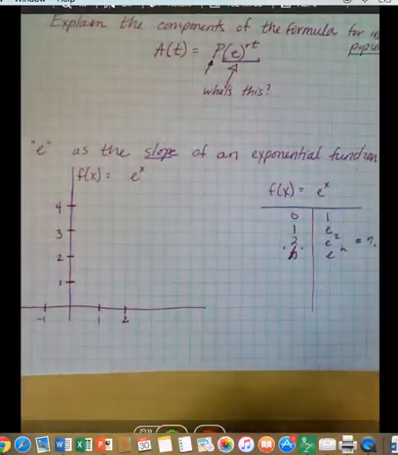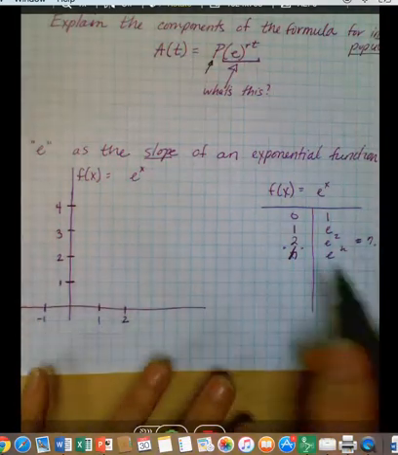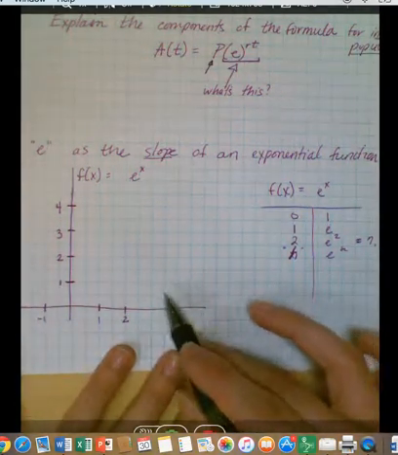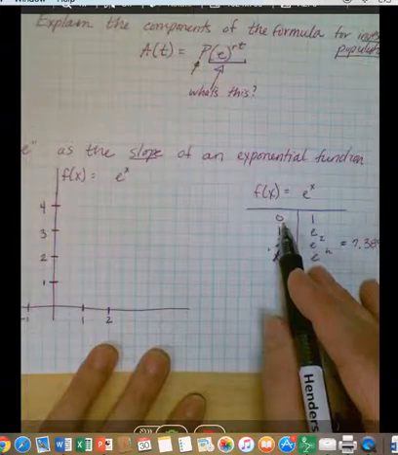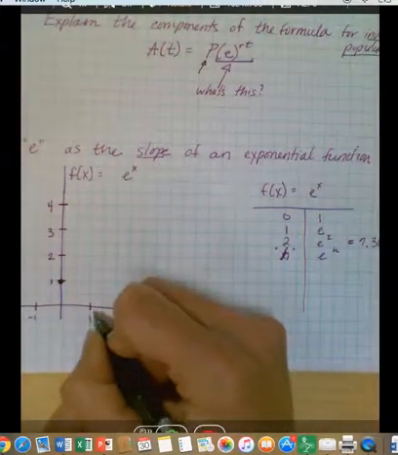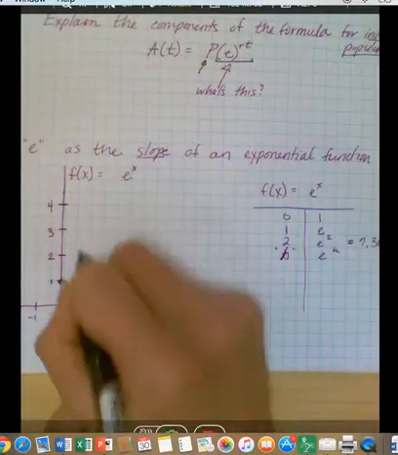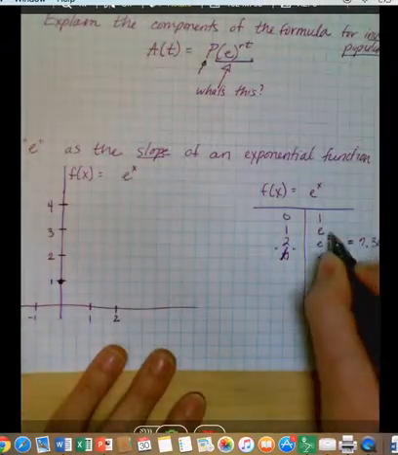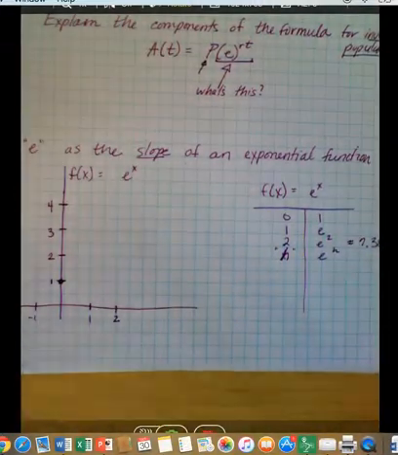What does that mean? We're going to graph e to the x. If I plug in 0, I get 1. If I plug in 1, I get e, which is approximately 2.7.